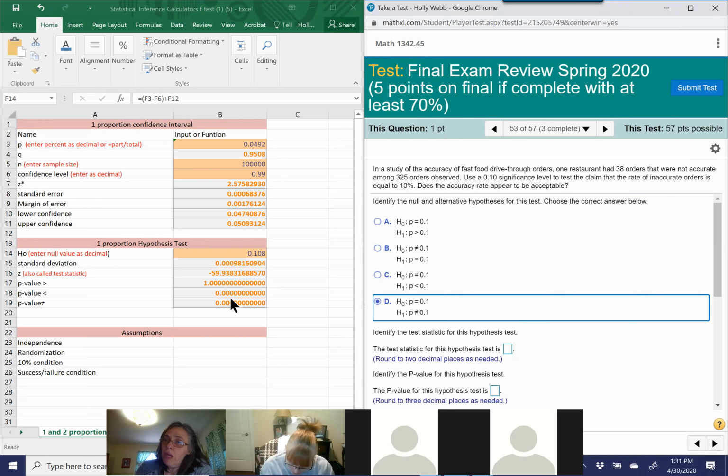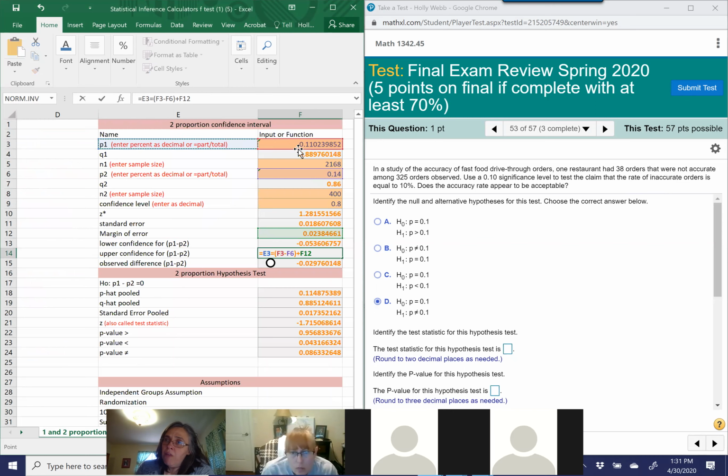Let's go ahead and put it in this one proportion calculator. First, this P should be our P hat. The escape button has always been my friend.